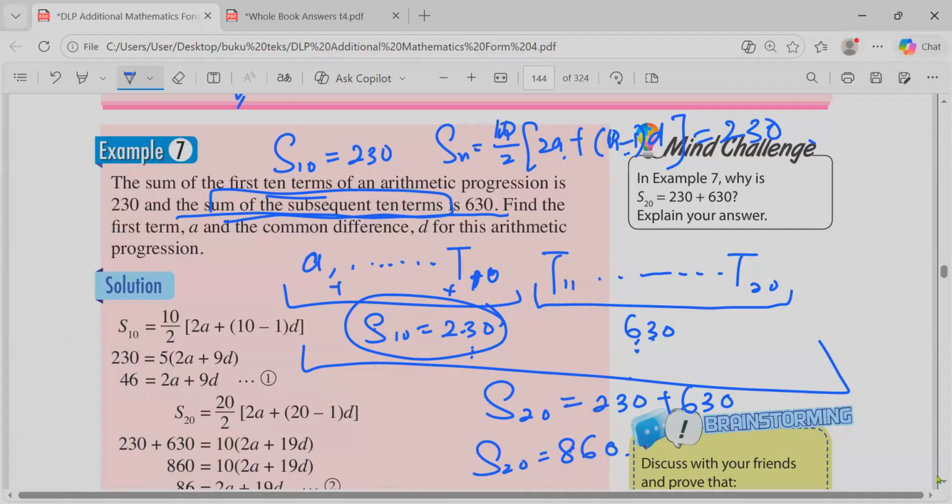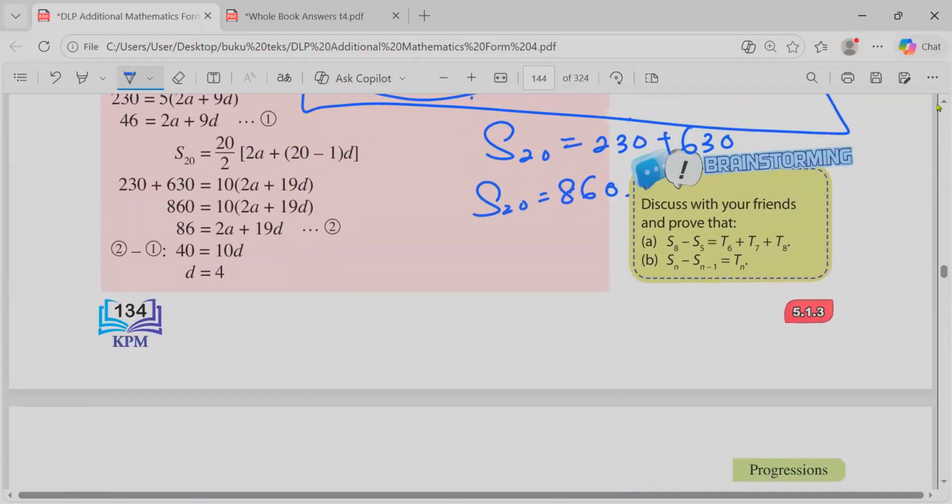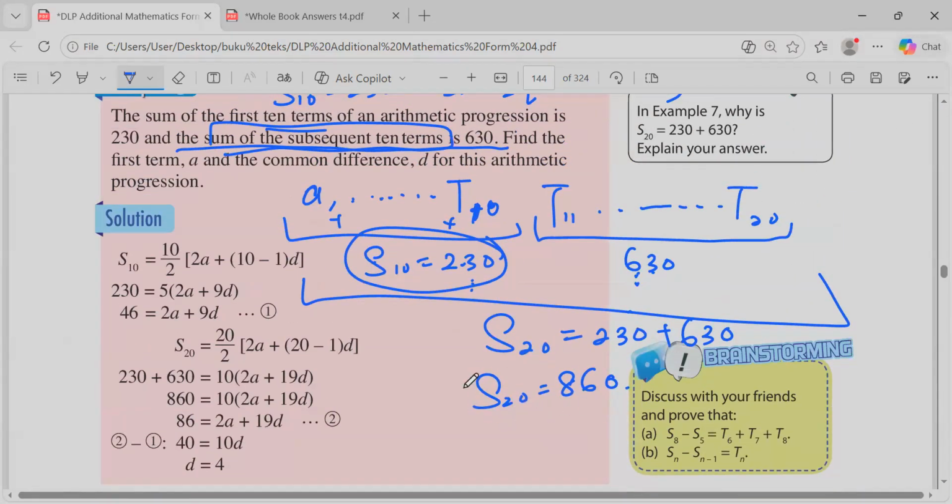So this one can also form another formula for Sn equal to n over 2, 2a plus n minus 1 d, where n is 20. Substitute 20 here. You see 20, 20. This is S20. This is S10. I get the first equation.